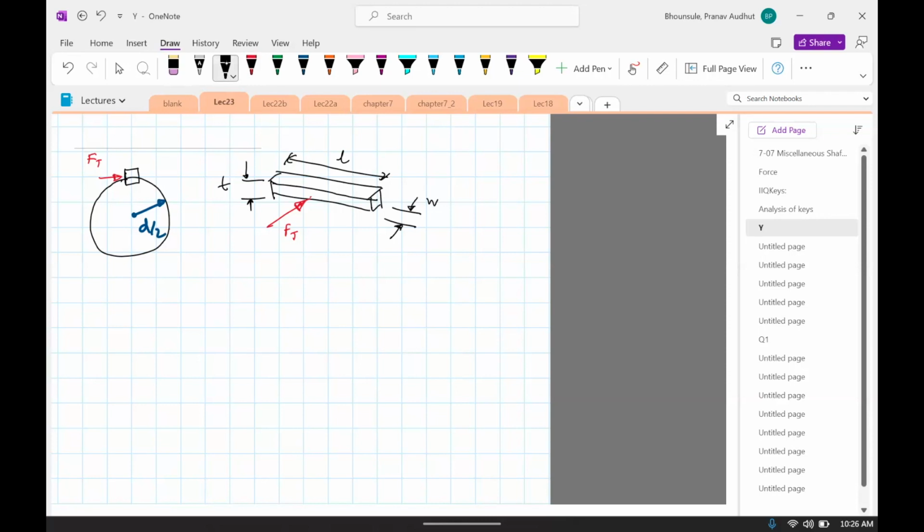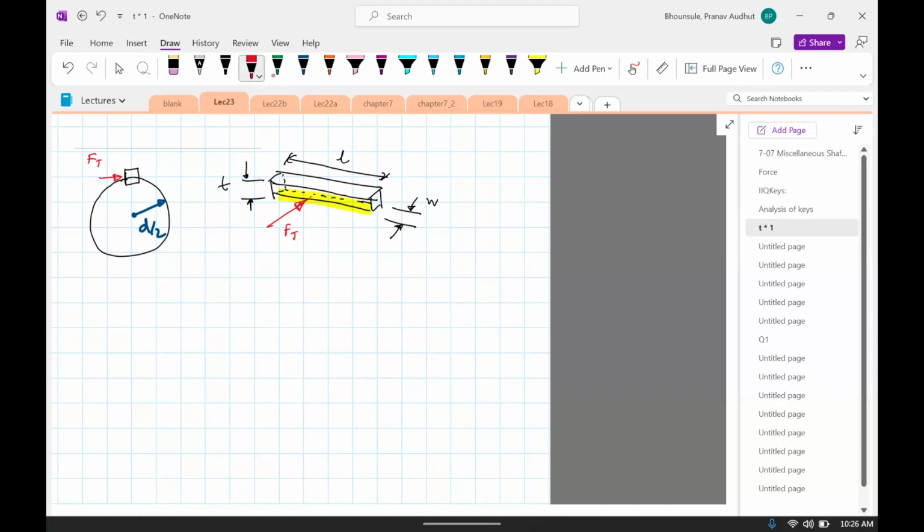So what this force does is, it leads to a shear. When you apply that force, this cross section here, the bottom half, is going to be subject to shear force.